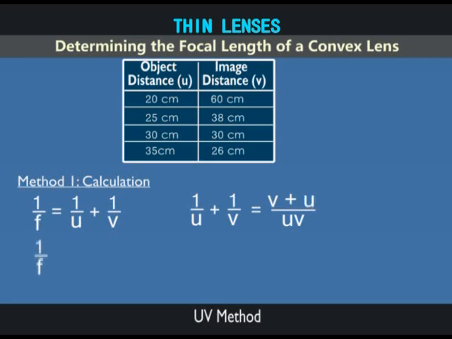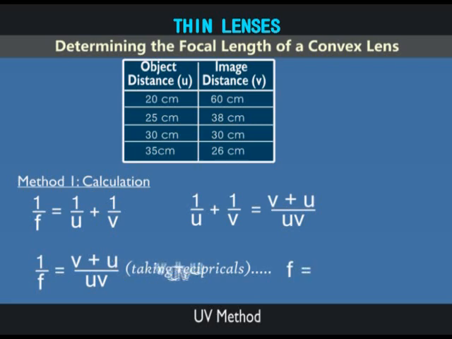And so 1 over f is equal to v plus u over uv. And if we find the reciprocals on both sides, 1 over f becomes f over 1 or just f, and the right-hand side becomes uv over v plus u. So f is equal to uv over v plus u.